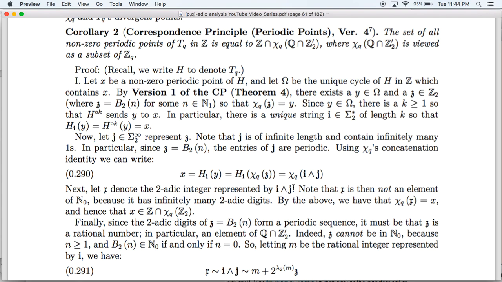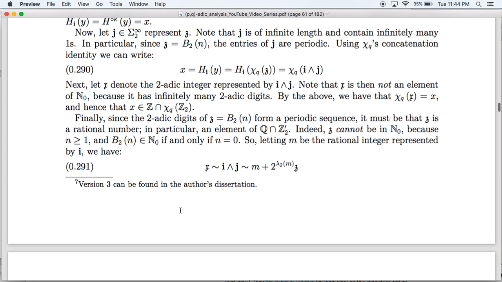And by the above, we note that chi-q of cool X is equal to less cool X, and hence that less cool X is in Z intersect chi-q of Z2. Finally, since the two-adic digits of Z equals B2 of n are periodic, it must be that Z is a rational number. Remember, I mentioned this, I believe, in episode 1.